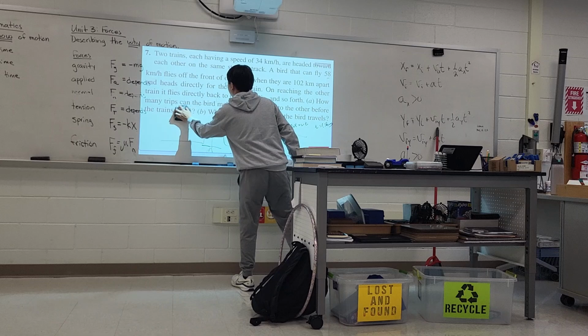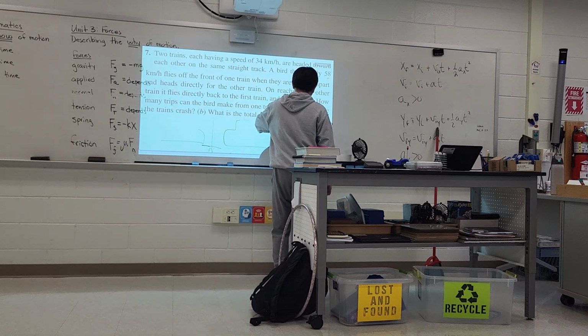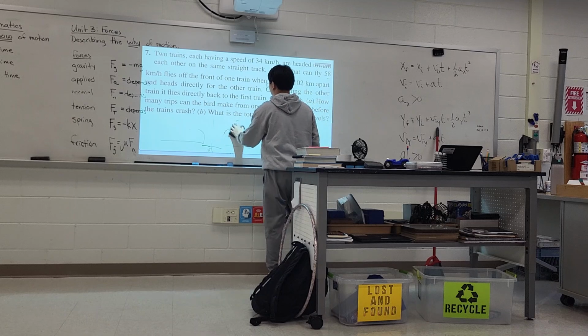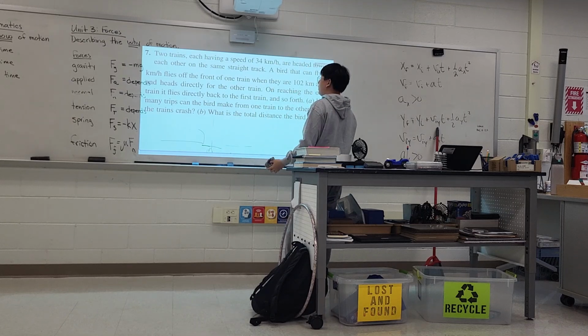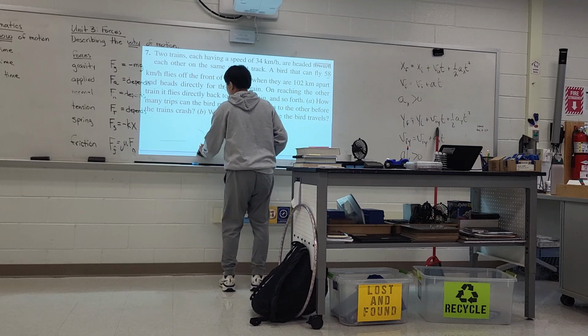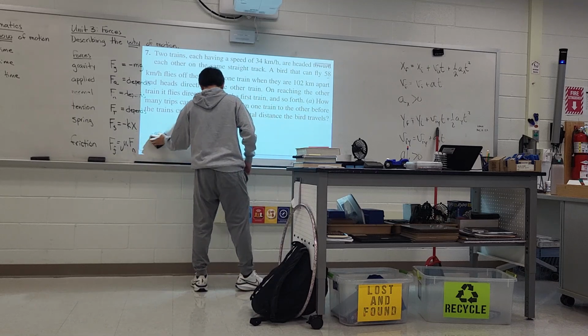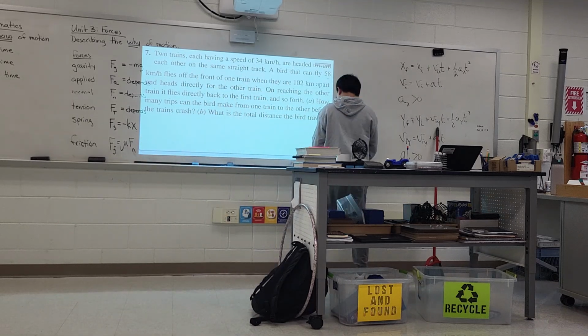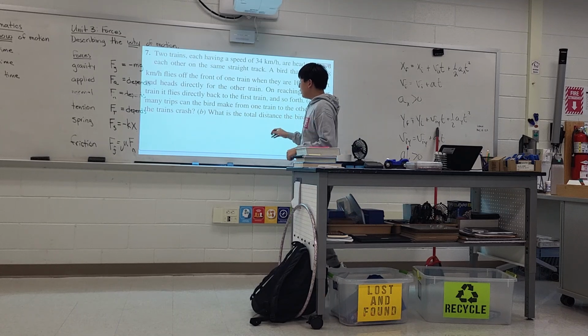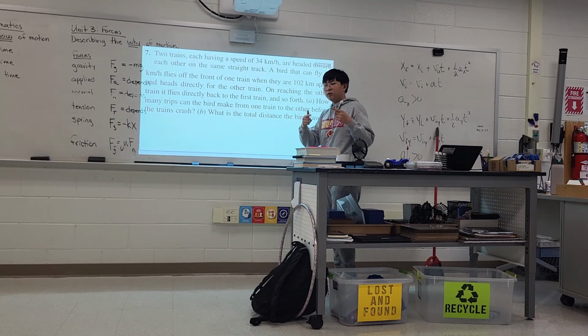So simple enough. But what I wanted to talk about was the first part, part A, which said: how many trips can the bird make from one trip to the next before the same train crashes? If you know calculus, you might already know the answer, which is basically the limit as two things approach something.